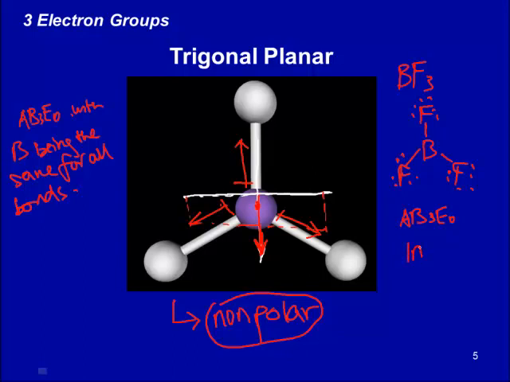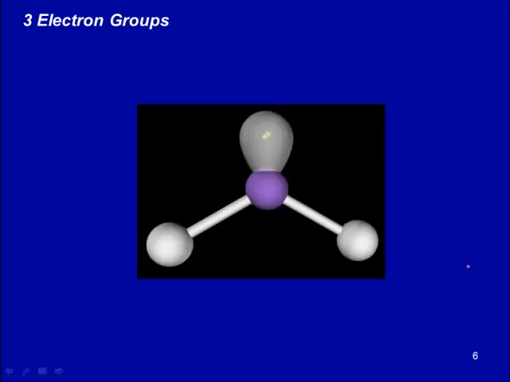So it will be trigonal planar. Okay. So we also have 3 electron groups now, and you will not have a lone pair.